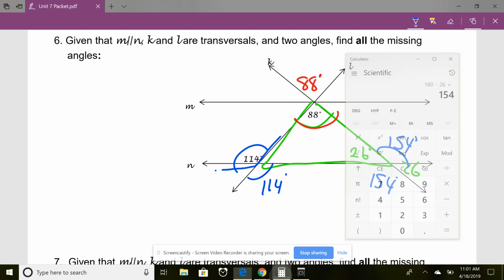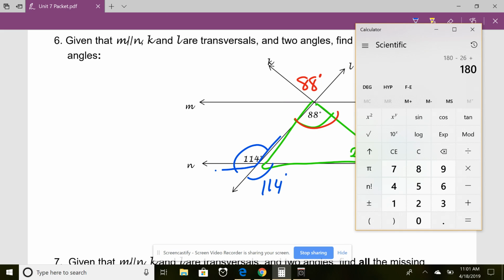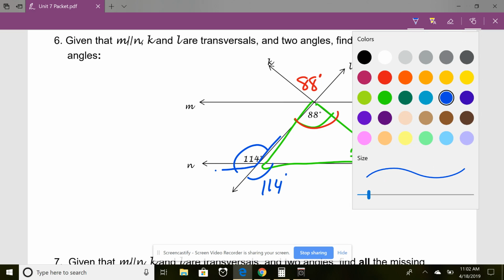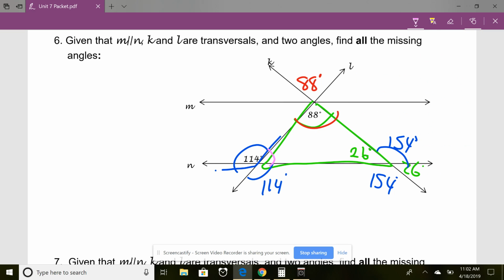Instead of 114, we're going to do 180 minus 114. So that is 220 degrees. Oh, I did that wrong. 180 minus 114 is 66 degrees. So that means this one right here is 66 degrees. This right here is 66 degrees.